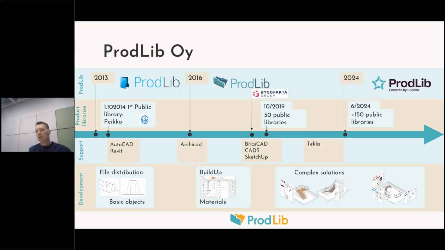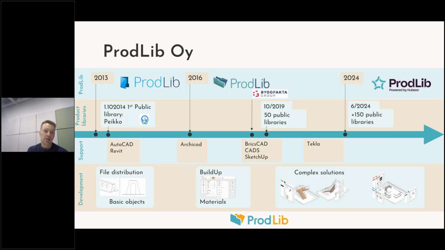The target was basically to connect designers and manufacturers, so that manufacturers would have an easy channel to reach architects, engineers, and draftsmen who are working with CAD and BIM files, and to share content centrally for them. We started by publishing the first library for Peikko Group. That is a Finnish manufacturer doing different kinds of steel-based concrete connections, everything embedded in the concrete structure.